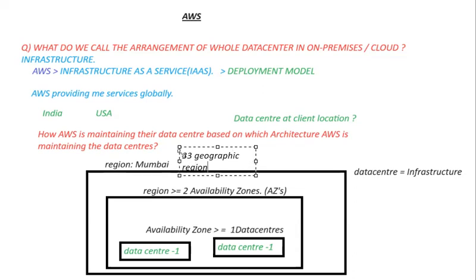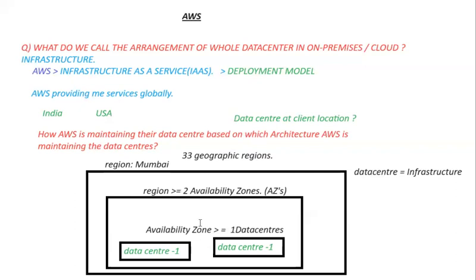So in each region, how many availability zones, sir, do we have? At least 2 and greater than 2 also.